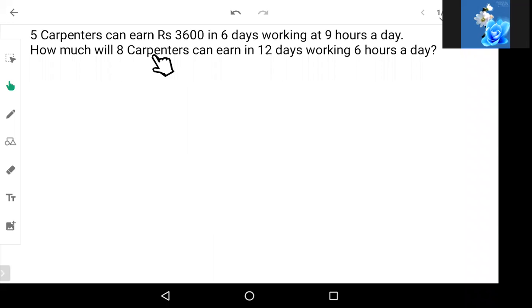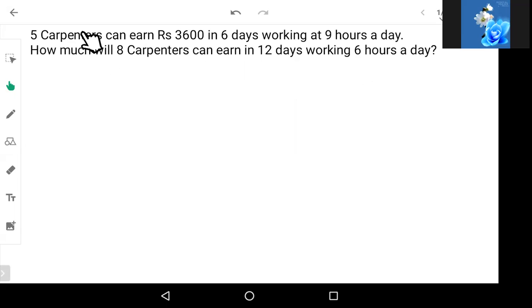Now, again, if you see, five carpenters are earning 3,600 for 6 days at 9 hours. Now, eight carpenters: there are more carpenters, more days, and fewer hours. But what are the two major things that you have to compare here?